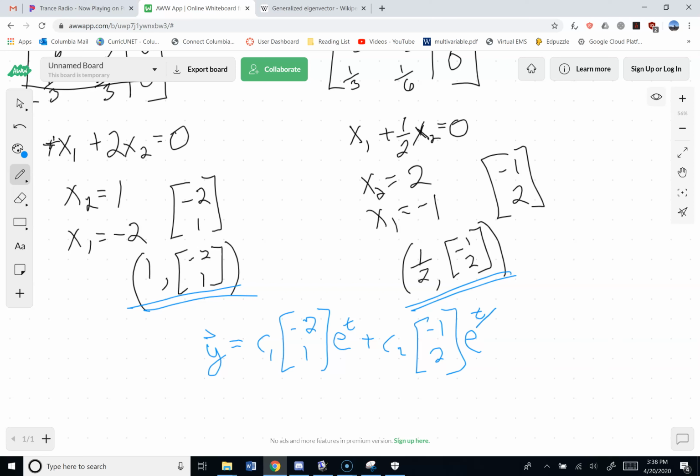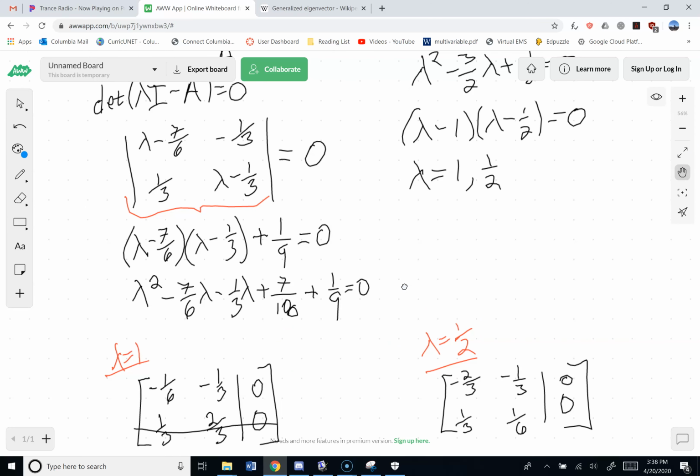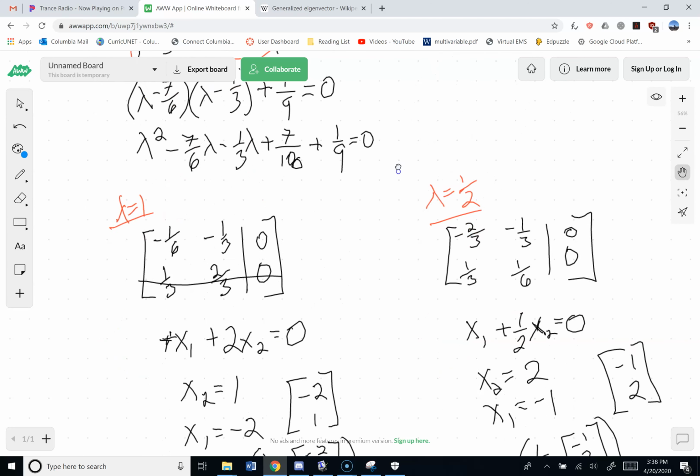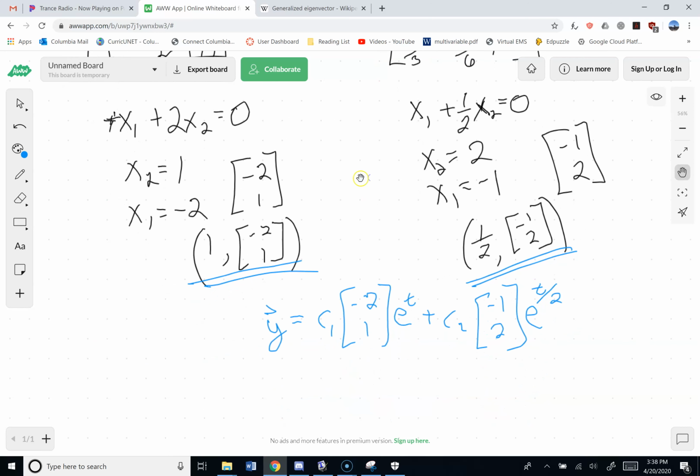Shouldn't it be negative? Sorry, 1/2 t. Should what be negative? E to the -t? I think it should be times the eigenvalue itself.